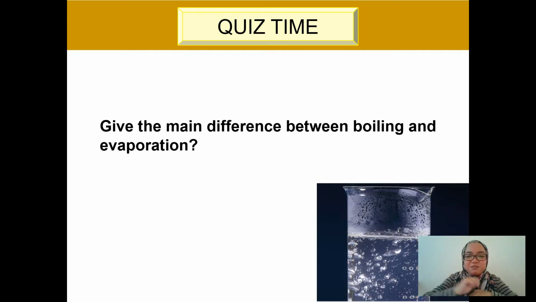Give the main difference between boiling and vaporization. Sama lah tu actually. Evaporation dengan vaporization sama je sebenarnya. Vaporize to evaporate juga lah kan. Okay, tapi betul tu. So, apa beza boiling process dengan vaporization process? Ada dua tadi saya sebut. There are two difference. So, state your answer in the comment below.